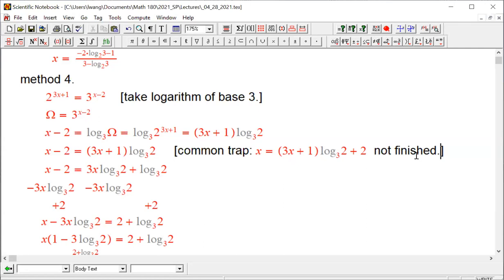Now the question is your assessment. Which one would you prefer? There's no right or wrong answer because every way will get you the answer.